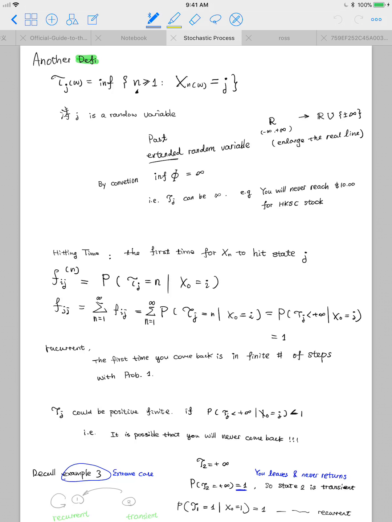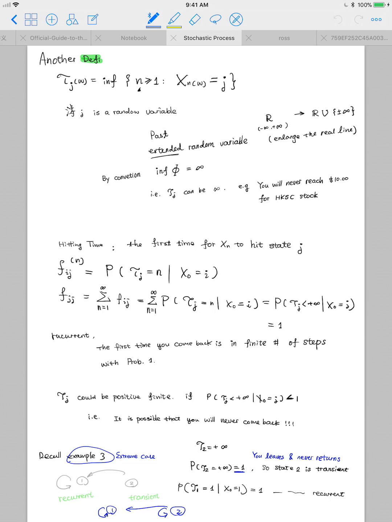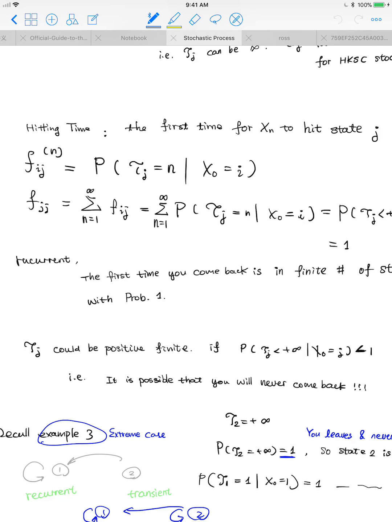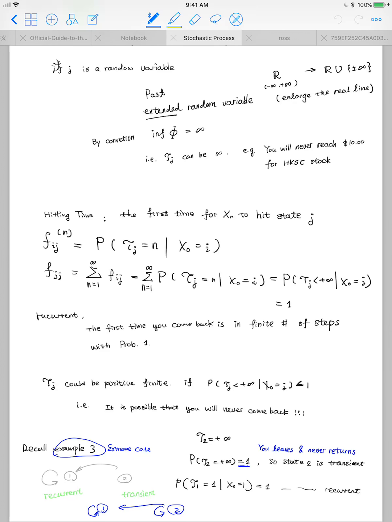And then from this definition, we can write down the equivalent definition of the two terms in the last slide, Fij(n) and Fjj. The first one equals, starting from state I, the probability that tau j equals n.